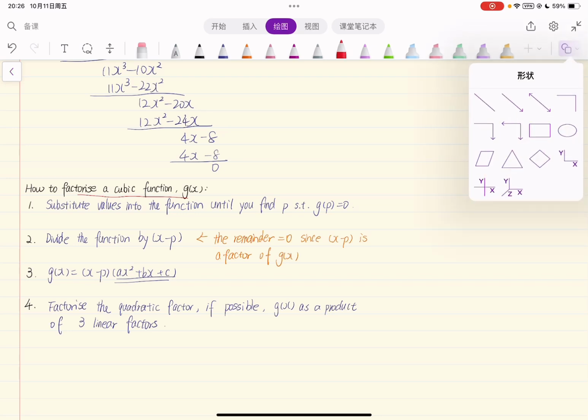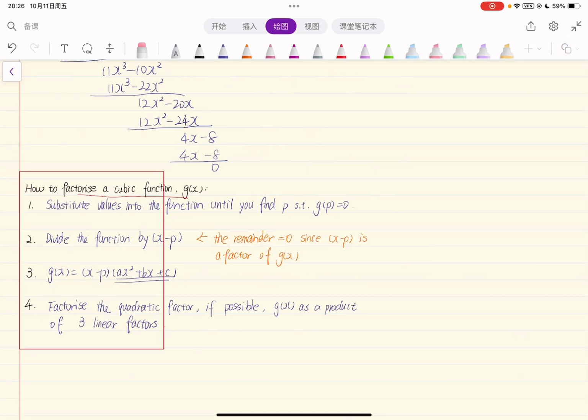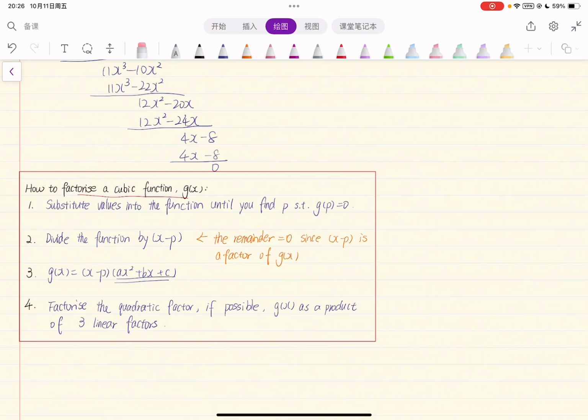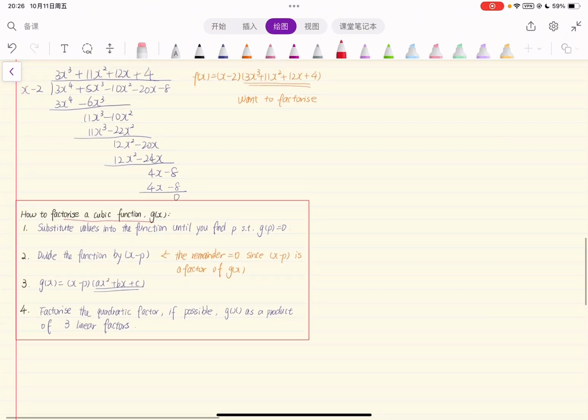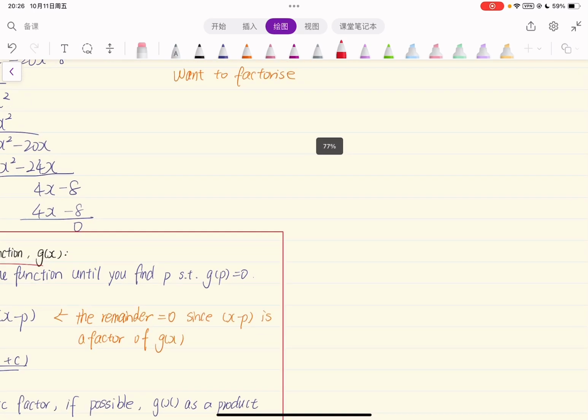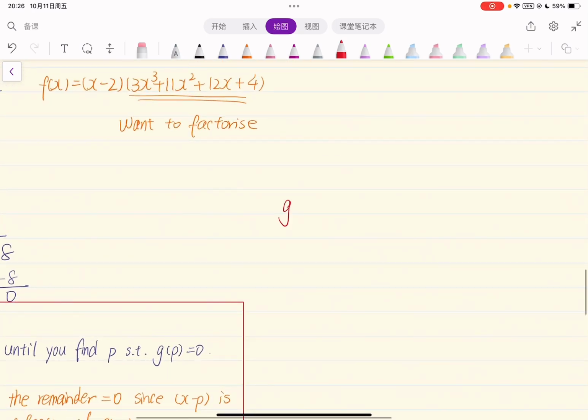Let me scroll that. So remember, this is a process. Now we have g(x) equals 3x cubed plus 11x squared plus 12x plus 4.